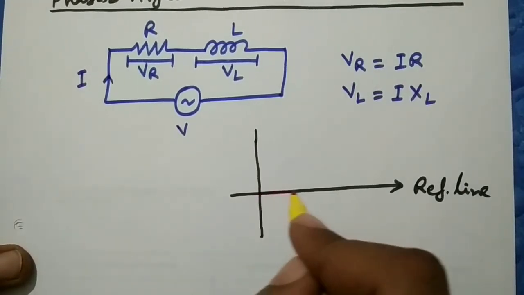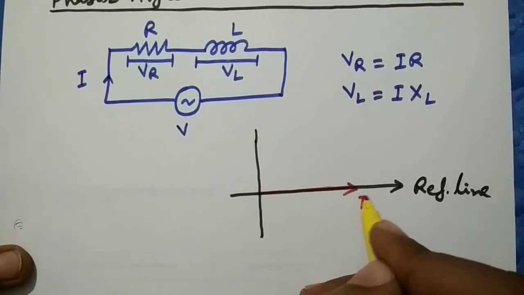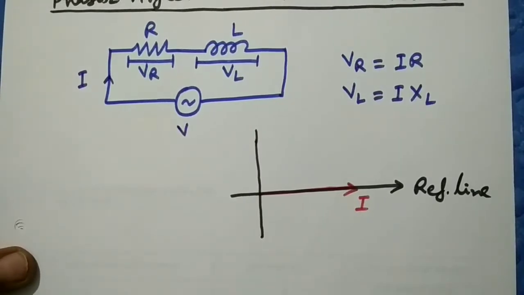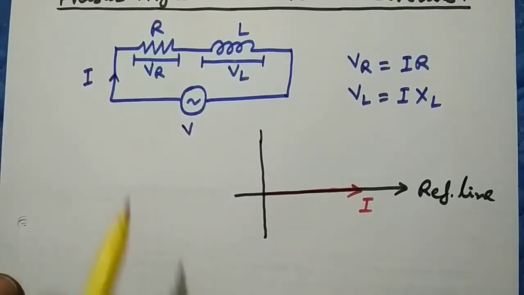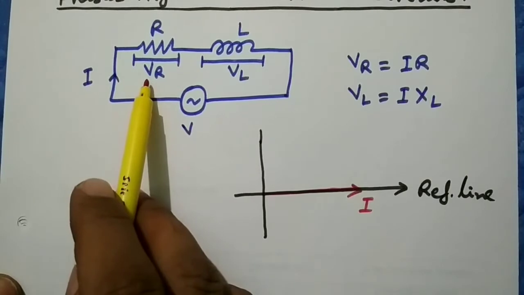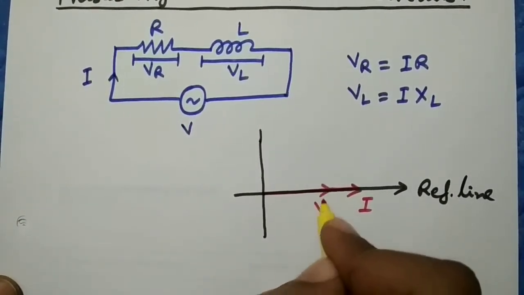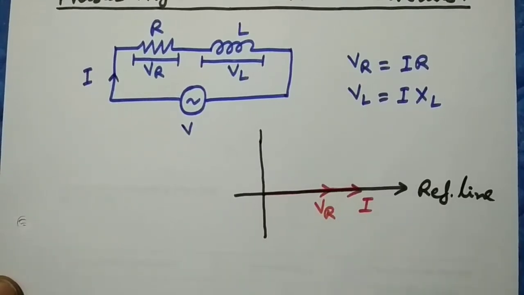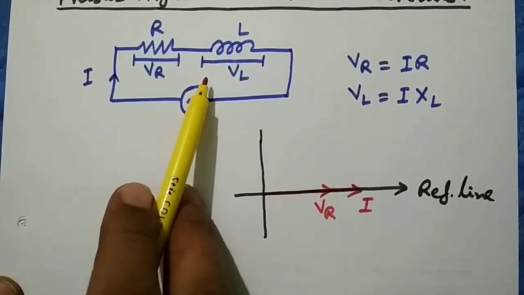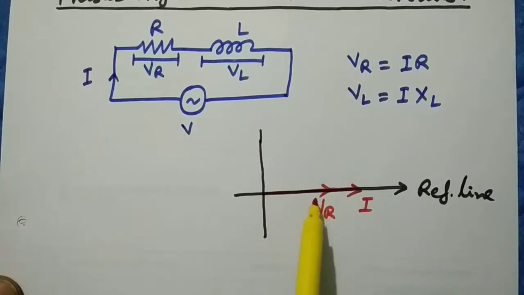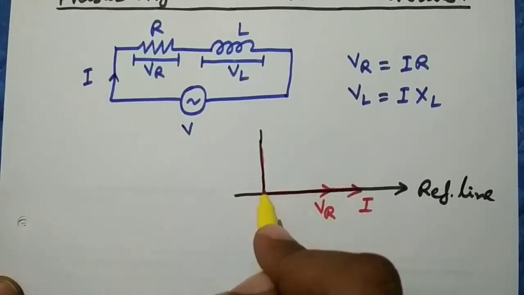So here the current will be along the x-axis. We know that the voltage drop across the resistance will also be in phase with the current. So here it will be VR. And the voltage drop across the inductance will lead the current by 90 degrees.